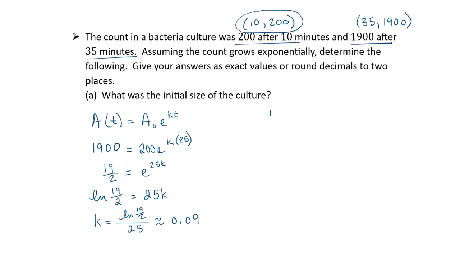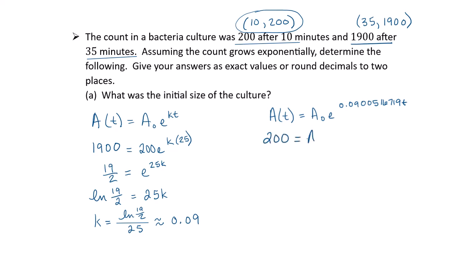Now, let's start over again here. My A of t is equal to A sub 0 e to the 0.09005167119 t. So now I'm going to go ahead and put in what I know. I have a data point of 200 bacteria at 10 minutes.